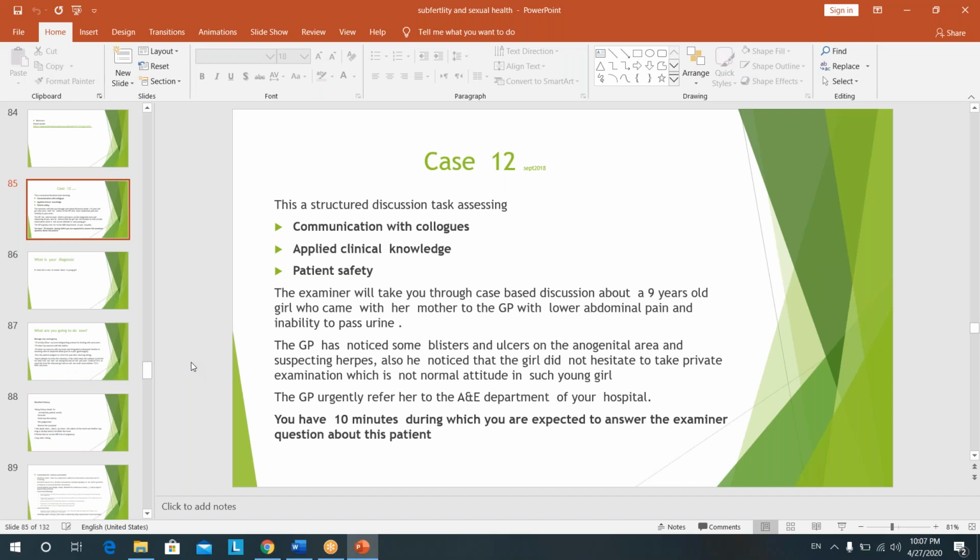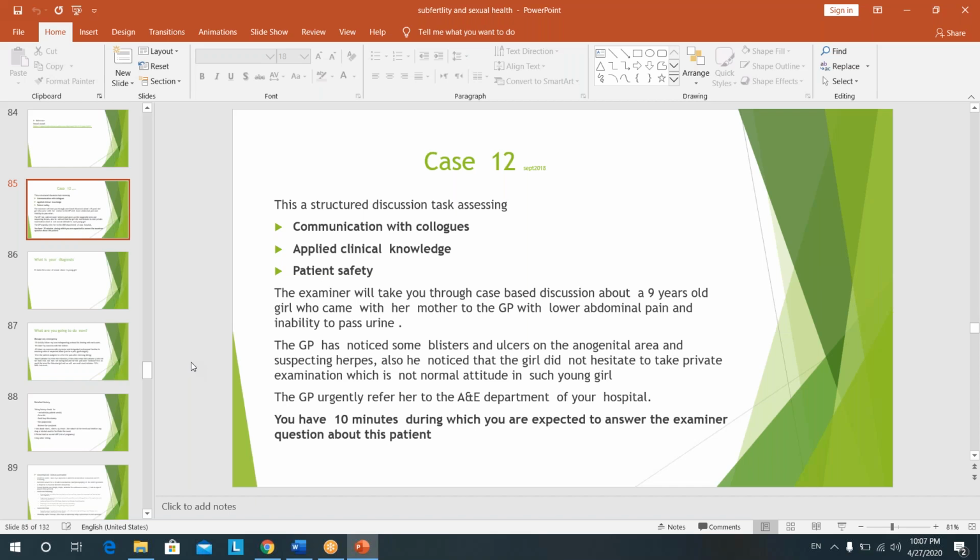And I can see from the history that this girl is not reluctant to be examined. So this will raise the possibility of sexual abuse. During this consultation, I would like to see this girl alone for part of the consultation to ask her, in the absence of her mother, about the possibility of sexual abuse sensitively.